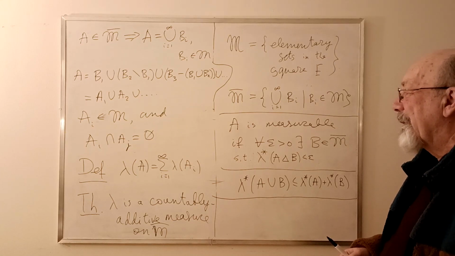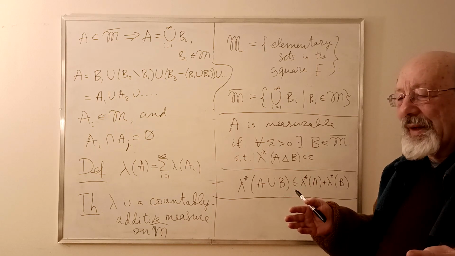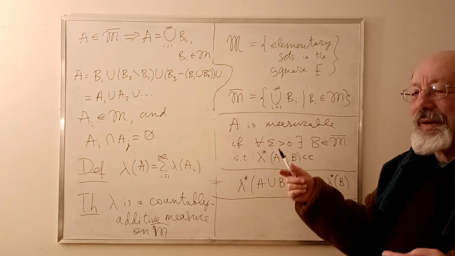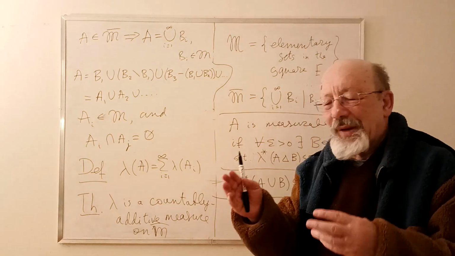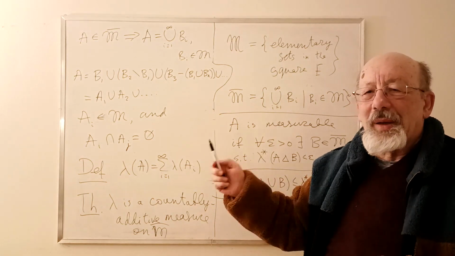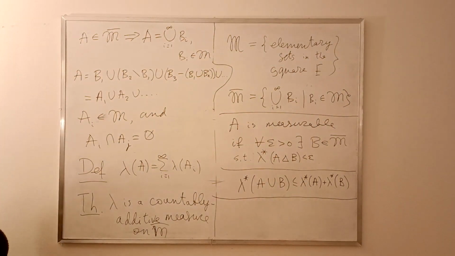Then if you consider the collection of sets that can be approximated by the sets from M bar with arbitrary accuracy, in the sense of the upper measure of the symmetric difference between a set of M bar and the set A, then this set A is called measurable, and for the measurable sets we have this countable additivity, which was proved.